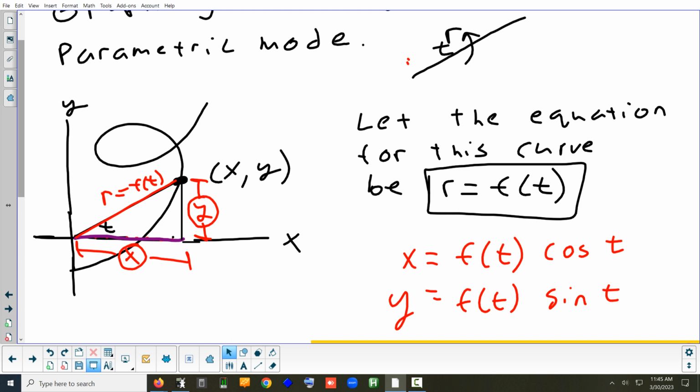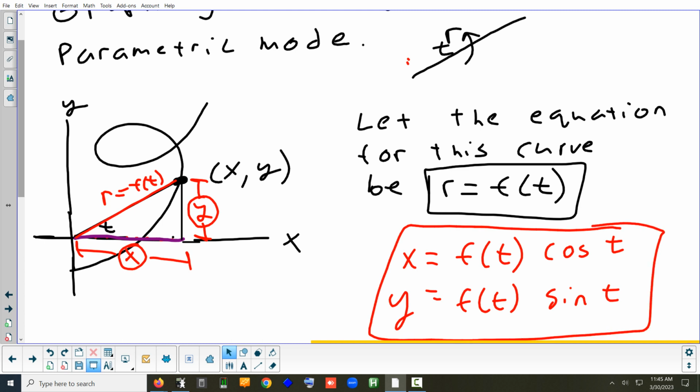So these are the two equations that you use when you want to convert something from polar to parametric. You're going to take what they give you in polar for your formula and put the formula in front of both. Next to the top one, you multiply by cosine, and that gives you the horizontal. Next to the bottom one, you multiply by sine, and that gives you the vertical.